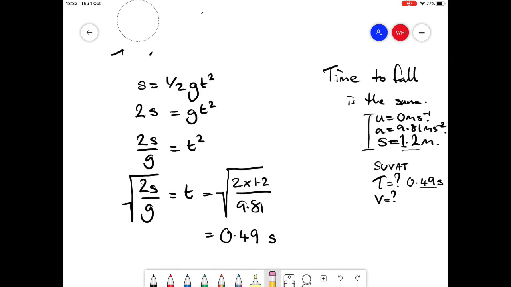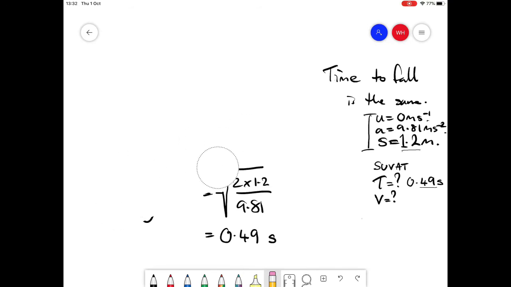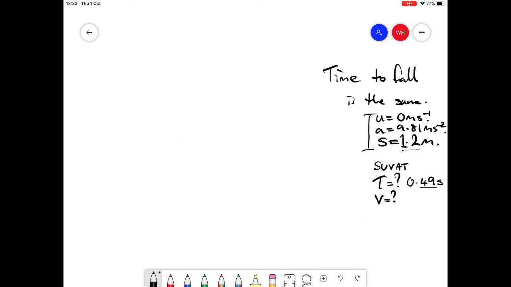Eraser. The next one. Let's find v. You could do any of the other equations now. I'm going to use one that doesn't have t in it, because I'm not going to trust my own answer. I'm going to use v squared equals u squared plus 2as.